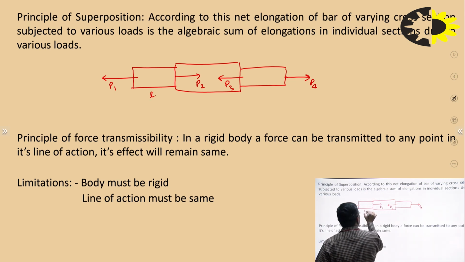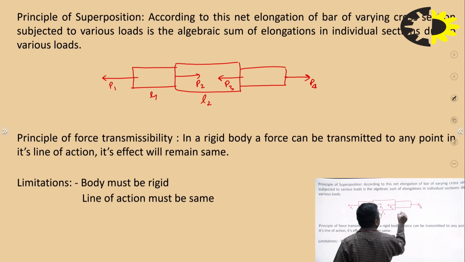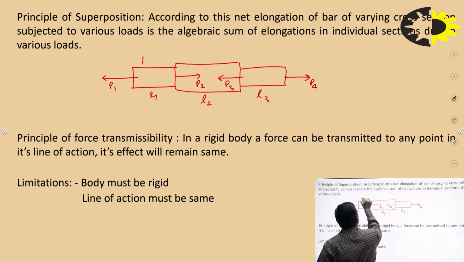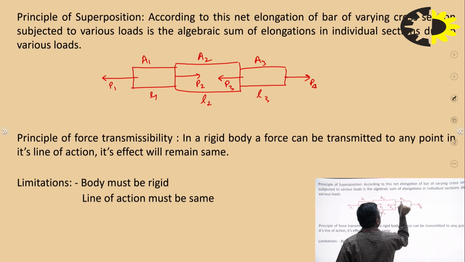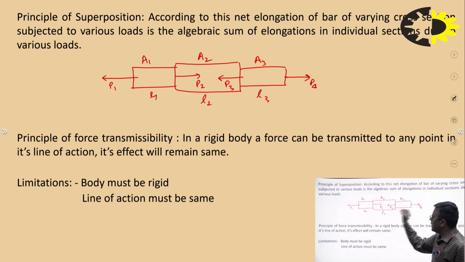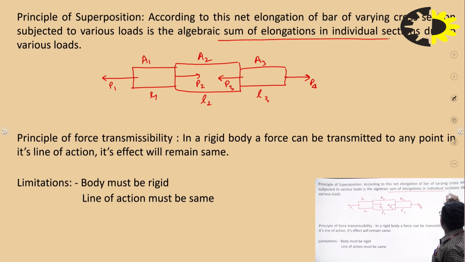The lengths of the sections are L1, L2, L3, and their cross sections are A1, A2, A3. So the net elongation in this bar, which is subjected to various loads in various cross sections, will be the algebraic sum of elongations in individual sections.